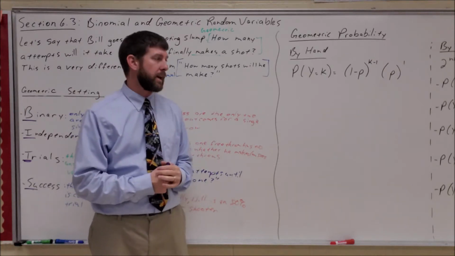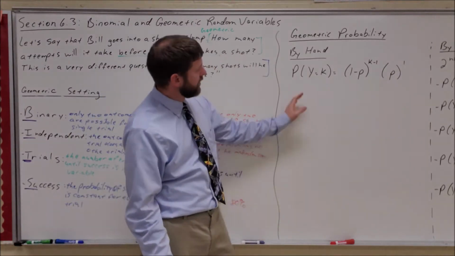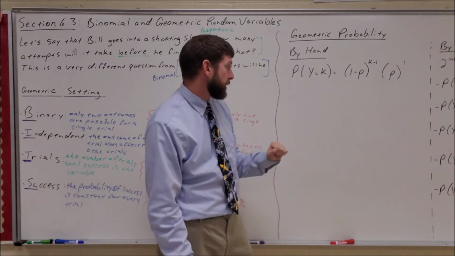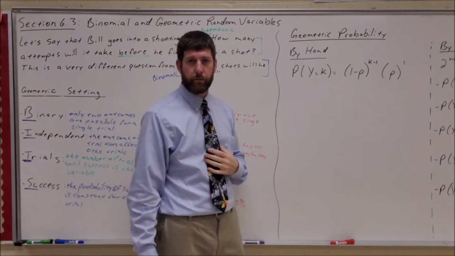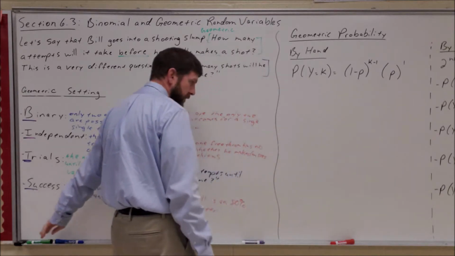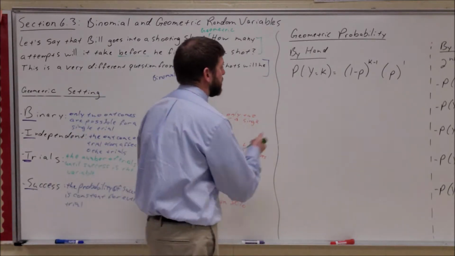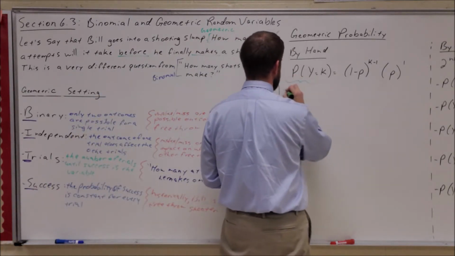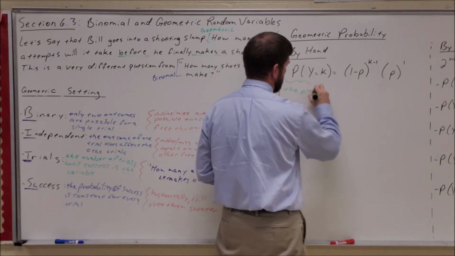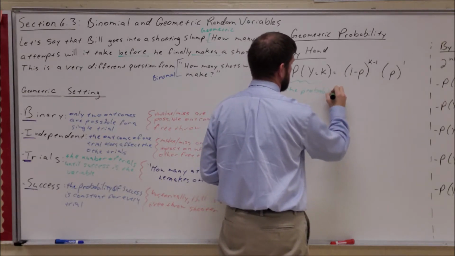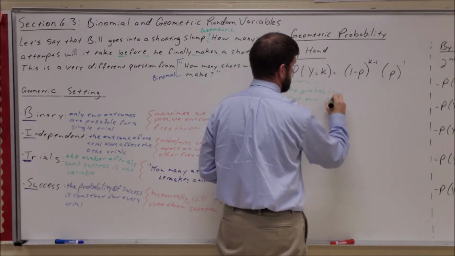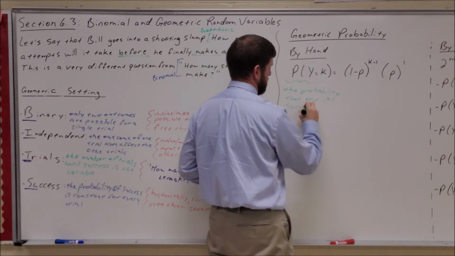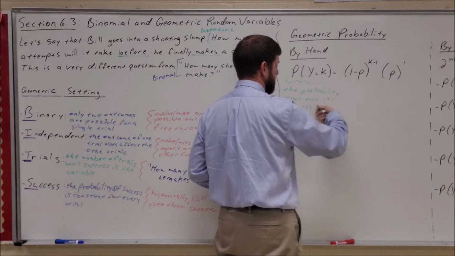Well, how do we go through and calculate this? So we see this formula right here. The probability that y is equal to k. What does that mean? That just means the probability that our first success is on the kth trial.